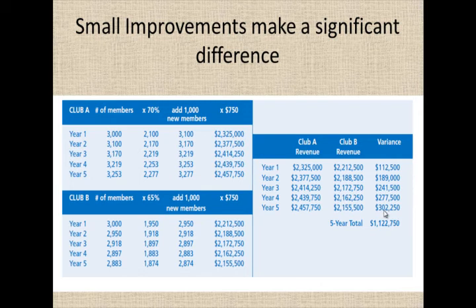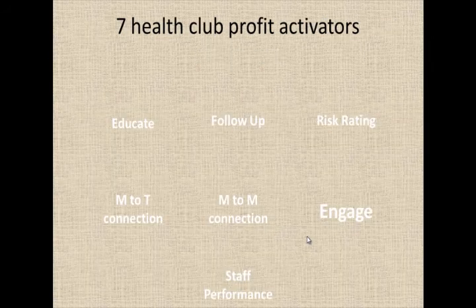Now, what does this total over 5 years? It's over $1 million. So you can see the power of a small improvement of 5% in retention in the long term. There's a lot of leverage there to improve your health club's profitability. Again, all the other factors were exactly the same. The only difference was an improvement in retention.